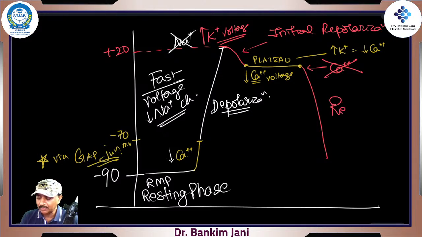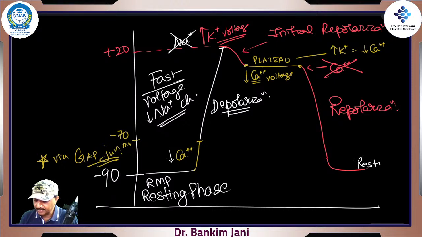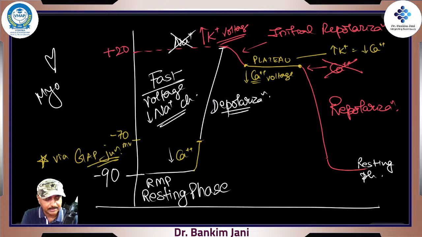So this is now the real repolarization, and it goes all the way down. At the resting membrane, it once again reaches the normal level, that is the resting phase, when it balances. So once again, the resting phase, or resting membrane potential, is acquired. This is the game of cardiac myocytes.